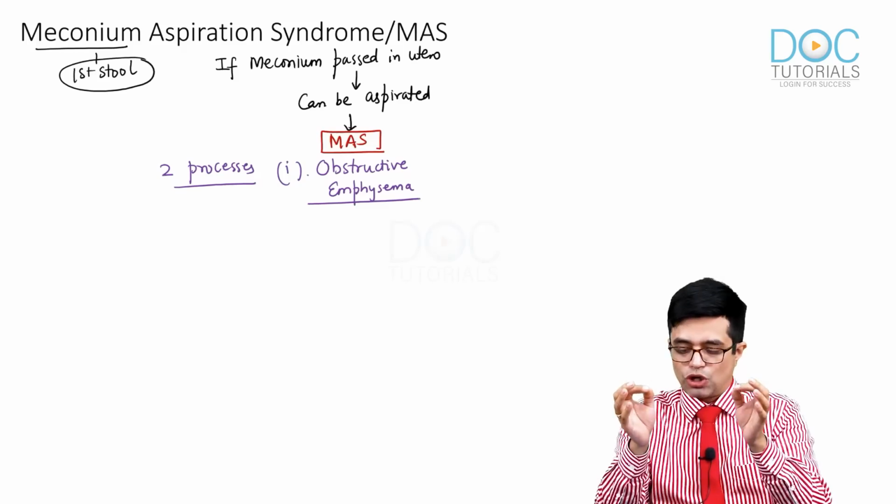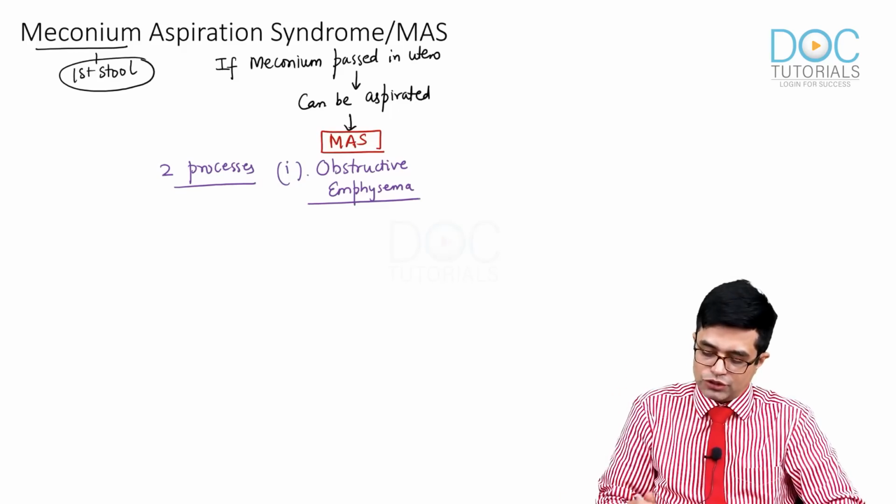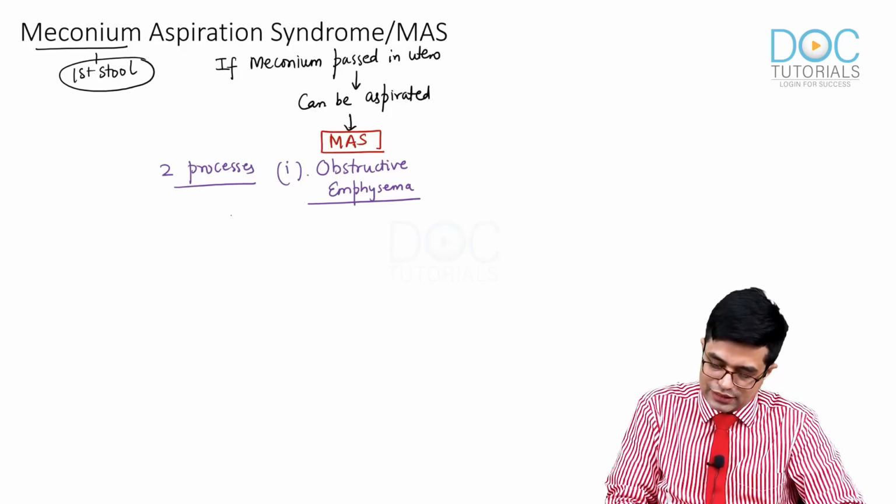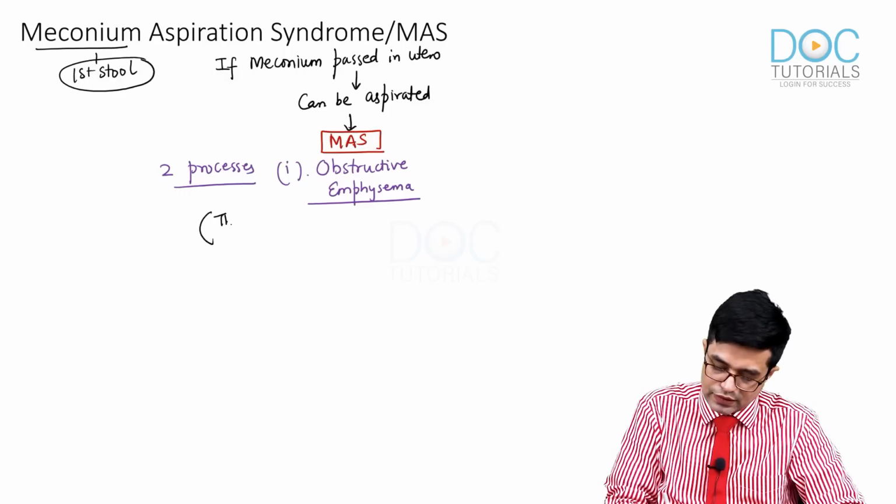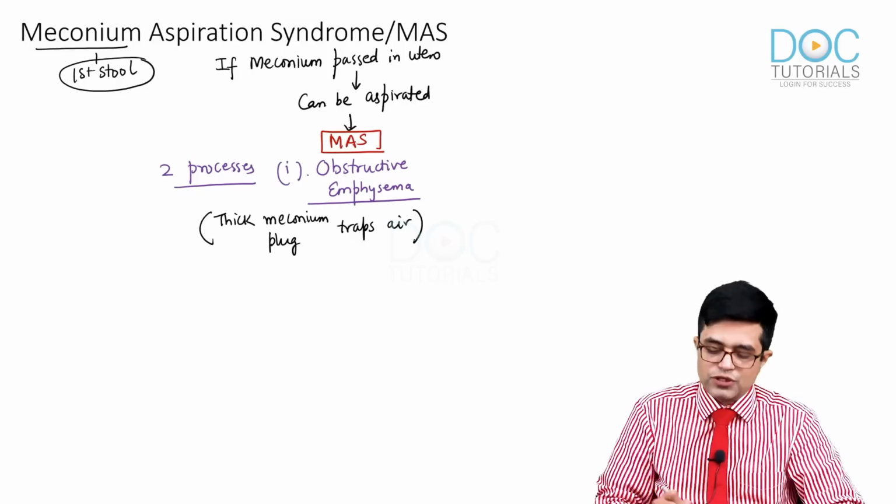It will act as a ball valve. It will allow air to move inside during inspiration but will trap air during expiration. So the lung will go on expanding. That is called obstructive emphysema. So you can write: thick meconium plug traps air in the lungs, producing obstructive emphysema.